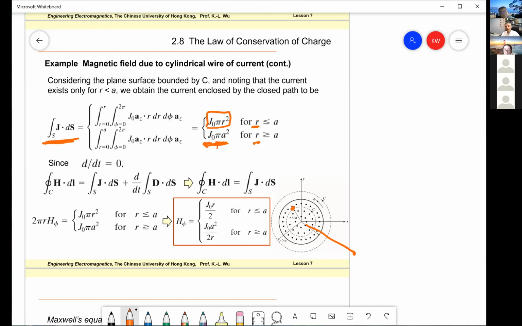However, that is on the right-hand side. On the left-hand side, we have the circulation of the magnetic field, which we already calculated. But if we look at this problem from the generalized Ampere's law, we deal with two types of current.